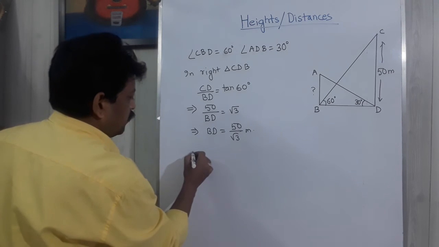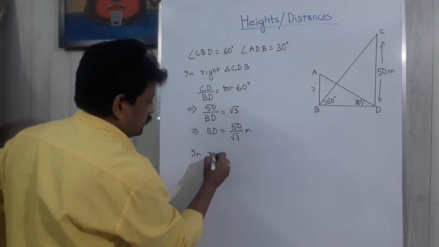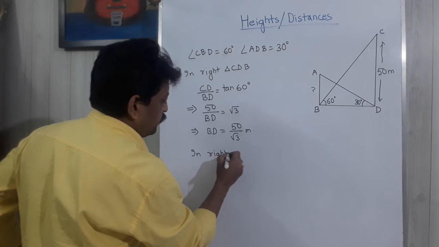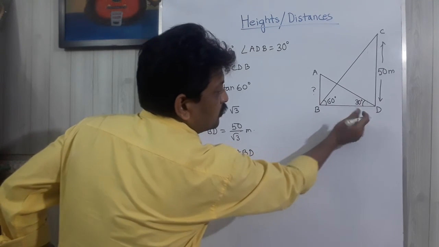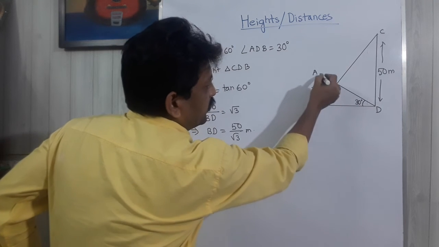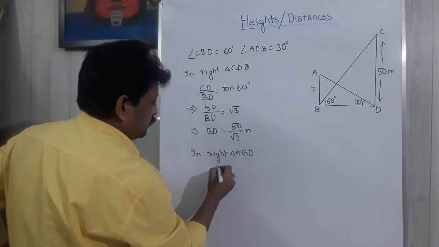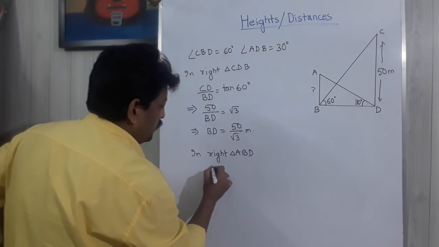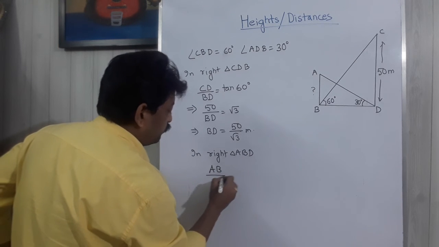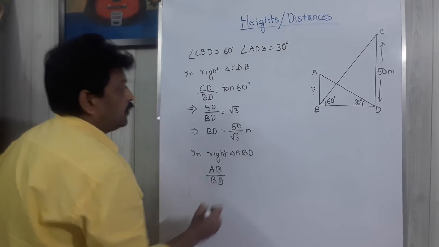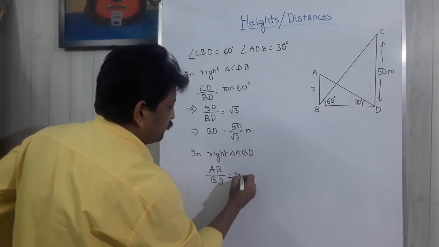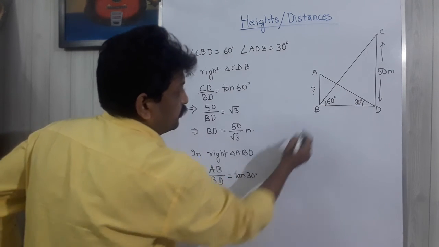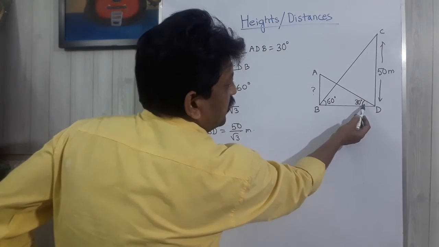Okay. Now in right triangle ABD, we know the base, we know the angle of elevation, we can calculate the height. So it is AB upon BD is equal to tan 30, because in triangle ABD this angle is 30 degree.